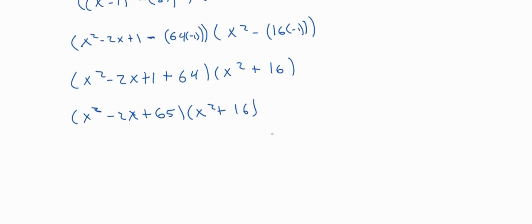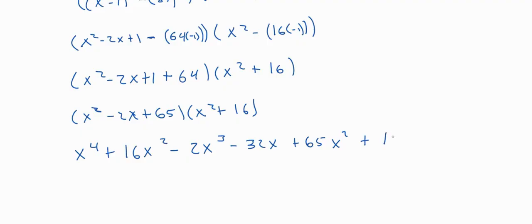And now, when we multiply these together, we're going to get x to the fourth plus 16x squared minus 2x to the third minus 32x plus 65x squared plus 1040.